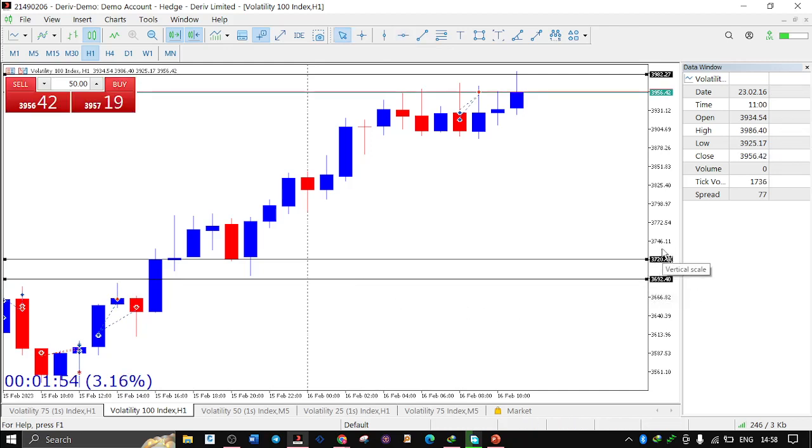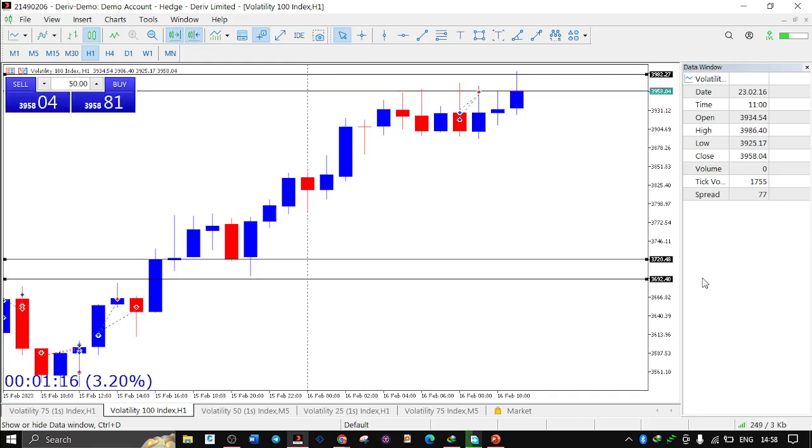Then we calculate the difference: 3720.48 minus 3692.40.